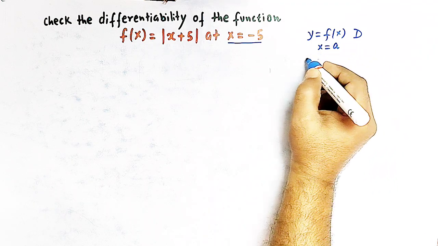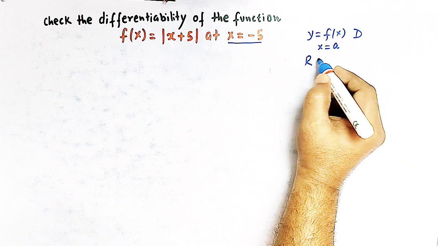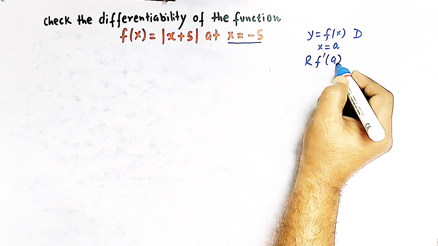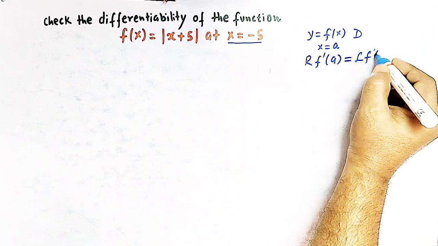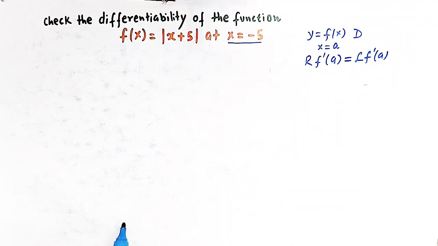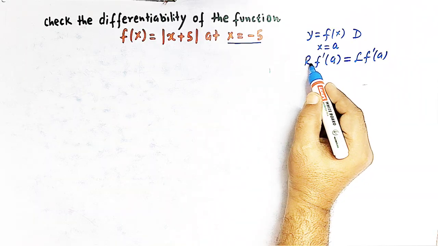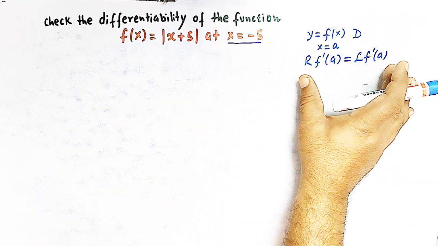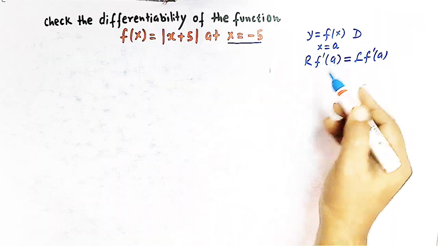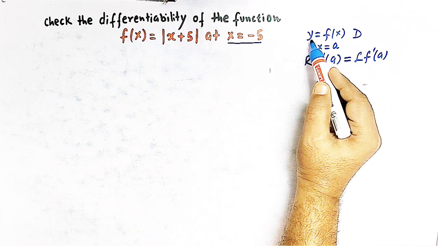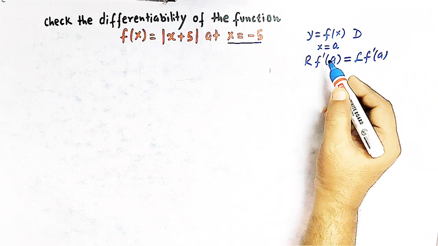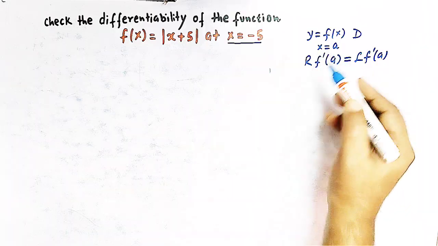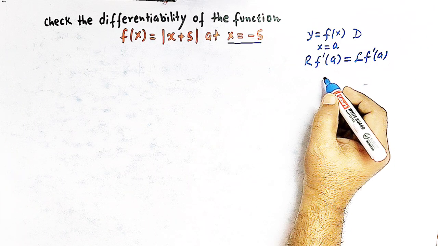So if the right hand derivative, r f prime of a, is equal to the left hand derivative, l f prime of a, then this function is said to be differentiable. We then conclude that the derivative of this function at this point exists, and the function is differentiable at x equal to a.